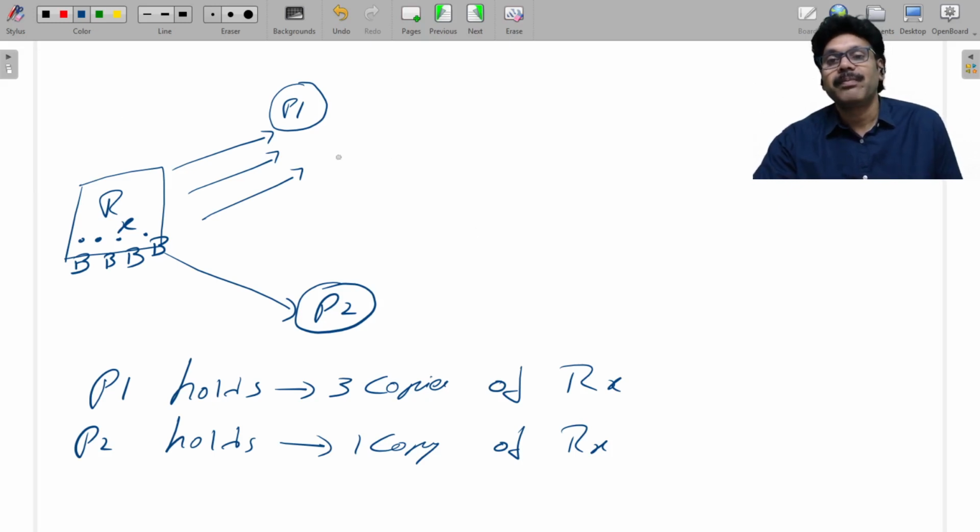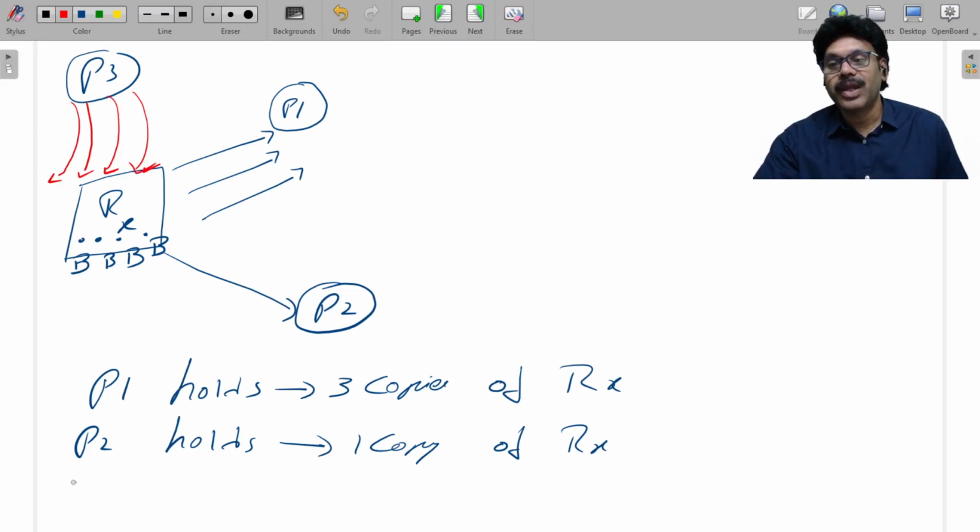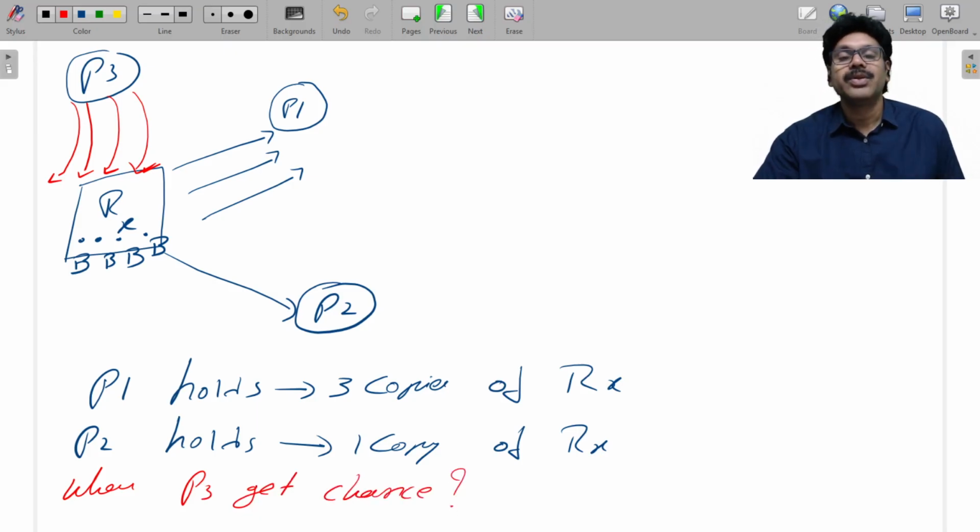In the meanwhile, there is another process by name P3. It is requesting for four copies. When will P3 get a chance? You know the answer.